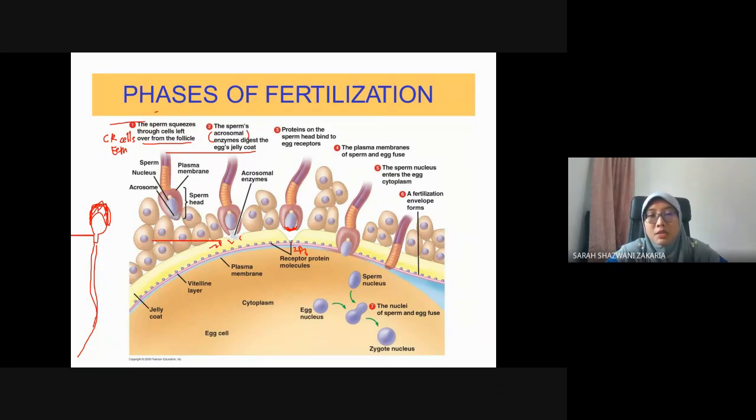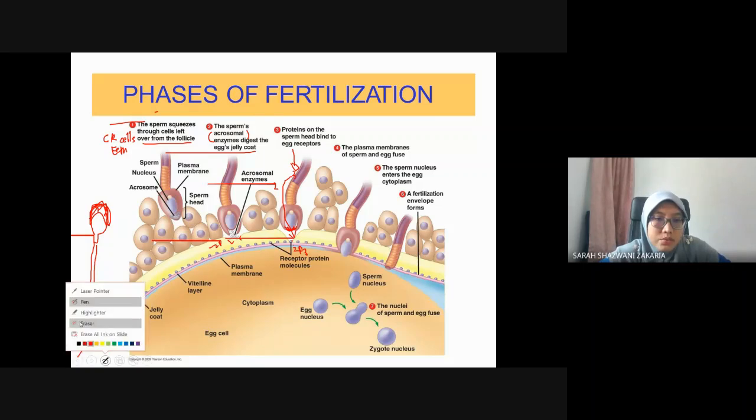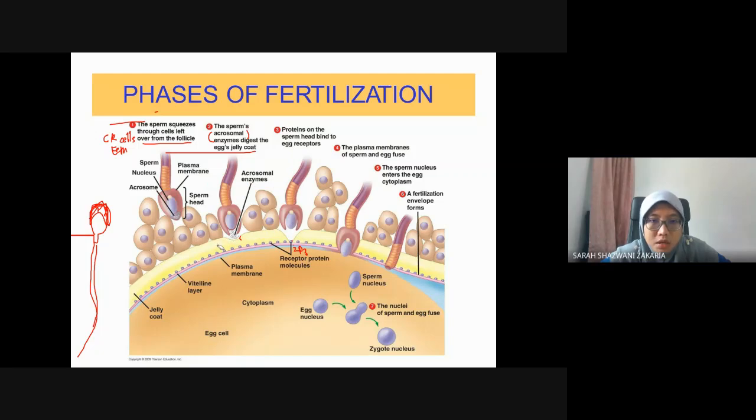Maybe sperm number 2 already digested this part, but sperm number 2 dies out. So the next sperm behind it, number 3, will have the chance to bind to the receptor. Just to really tell you the realistic story.